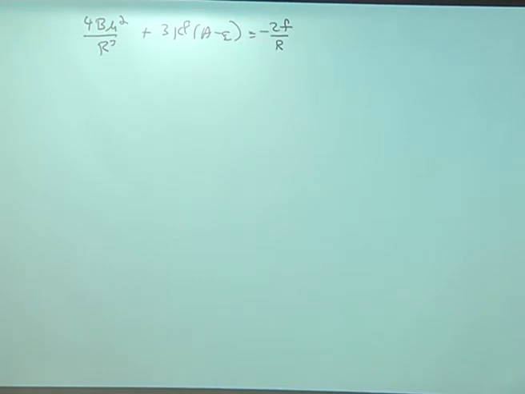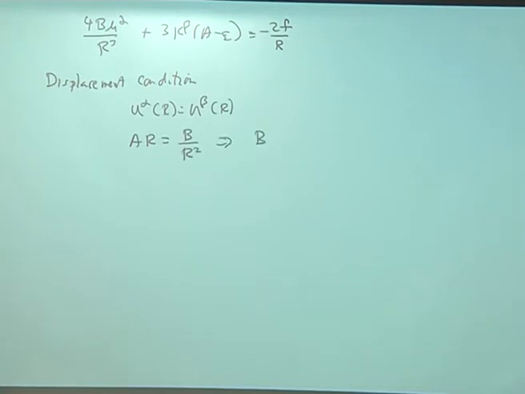And then if you use the displacement condition, that u at alpha at R equals u at beta at R, that means basically that AR is going to be equal to B over R squared, which implies that B is going to be equal to AR cubed.